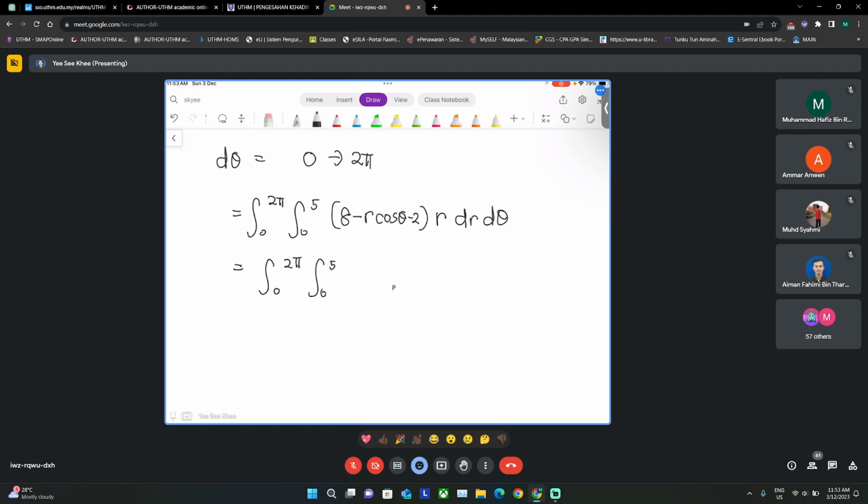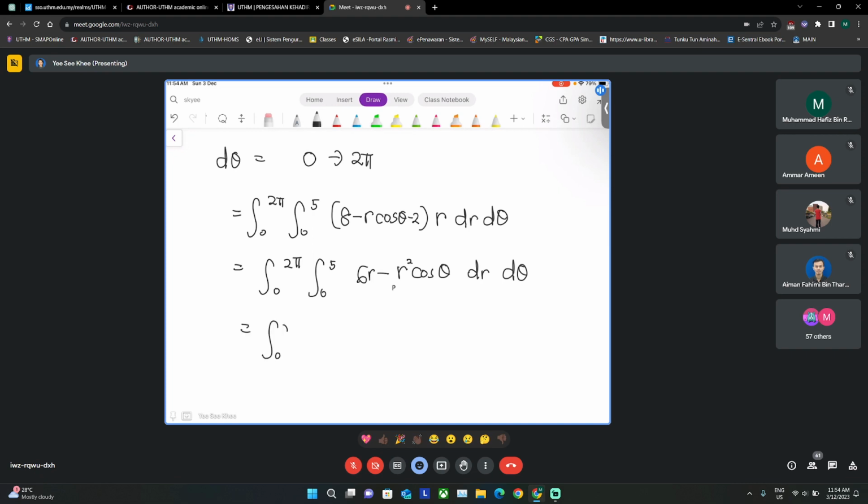So it will be 6 minus r cos theta. You have an r here, so you can multiply the r inside, because if you want to press calculator, you have to split it. dr d theta.